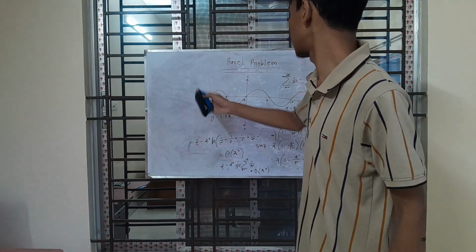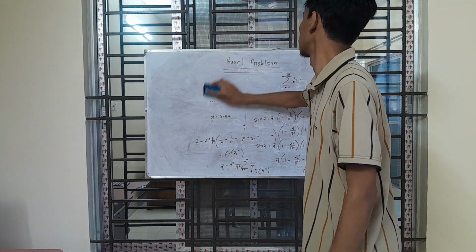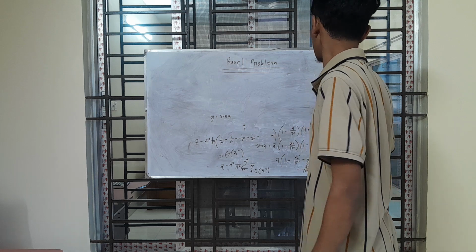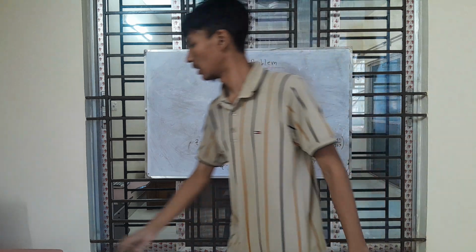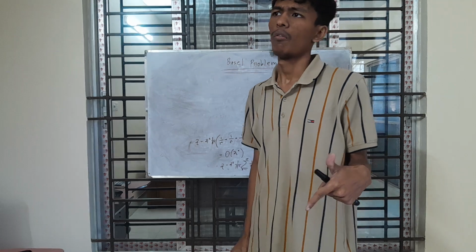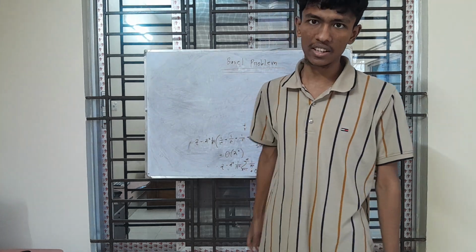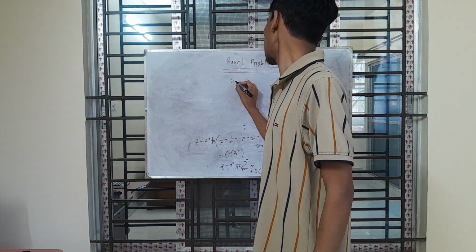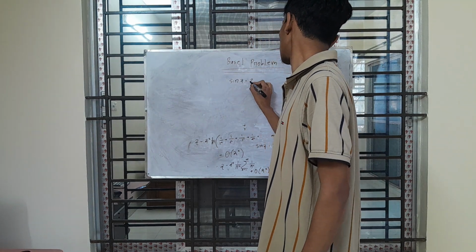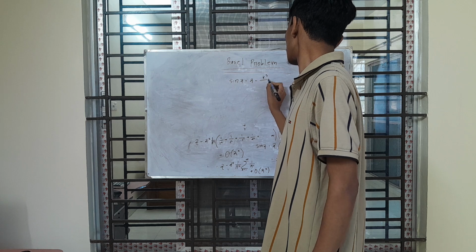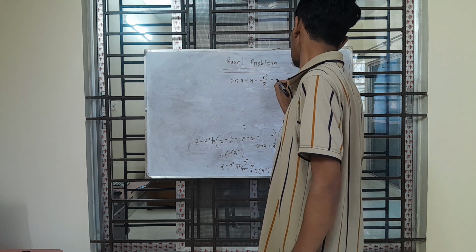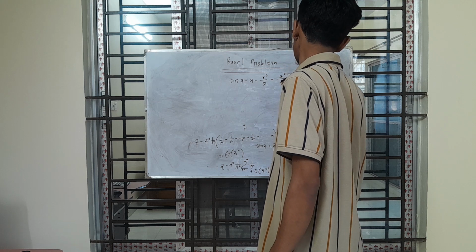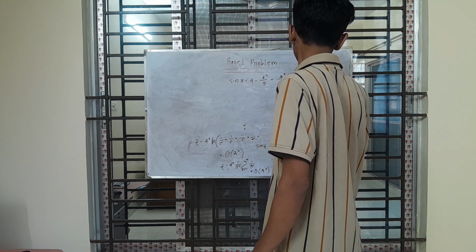So I have to erase these things for spacing of my board. So we know from the Maclaurin series expansion of sine that sin x equals x minus x cubed by 3 factorial plus x to the power 5 by 5 factorial minus, till infinity.